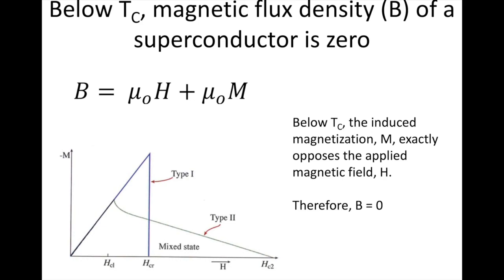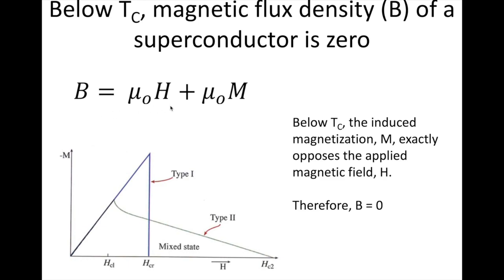Okay, so the other part of this, besides the resistivity, is also the magnetic flux density, which we call B here. And so for superconductors, this is 0. This is a formula for magnetic flux density, but more importantly, conceptually, the induced magnetization, which we call M, within our material, in this case our superconductor, opposes the applied magnetic field H, right?